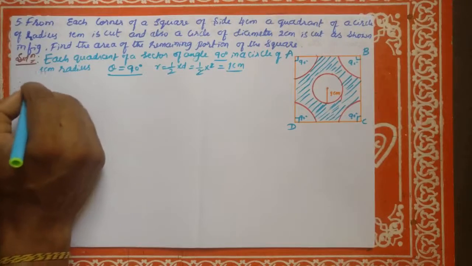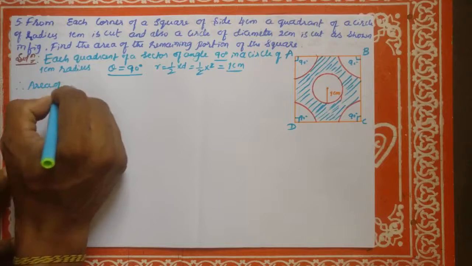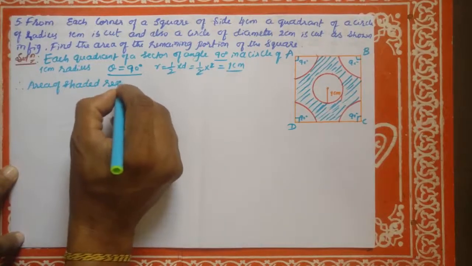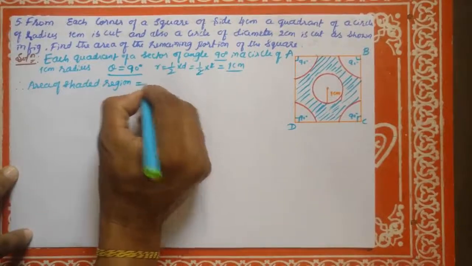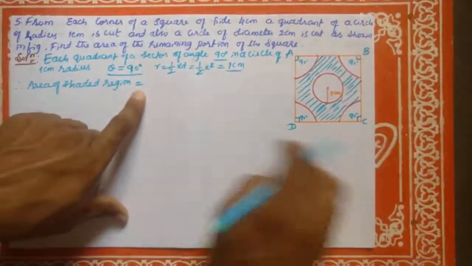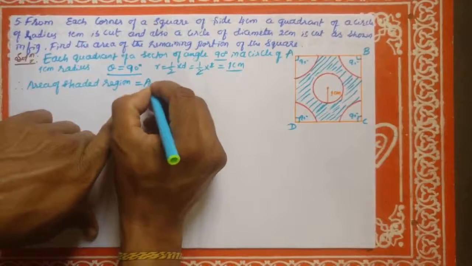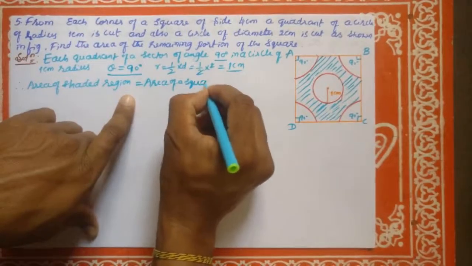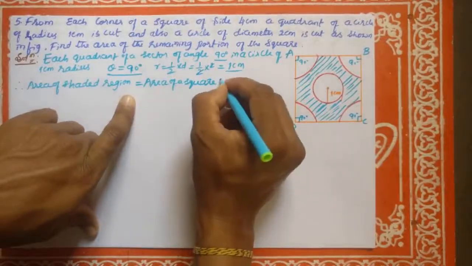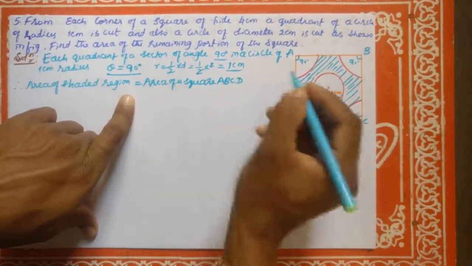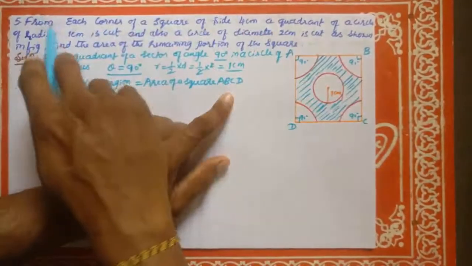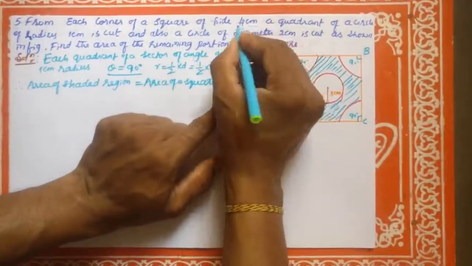Area of the shaded region is equal to the area of square ABCD. It is already given: from each corner of a square of side 4 centimeter.